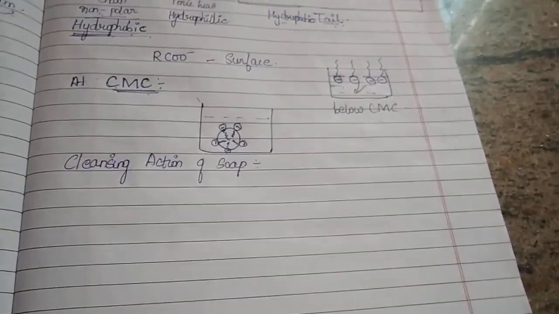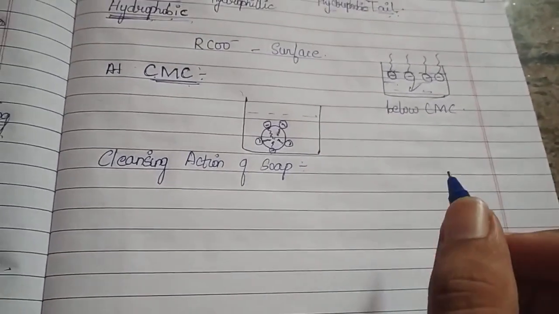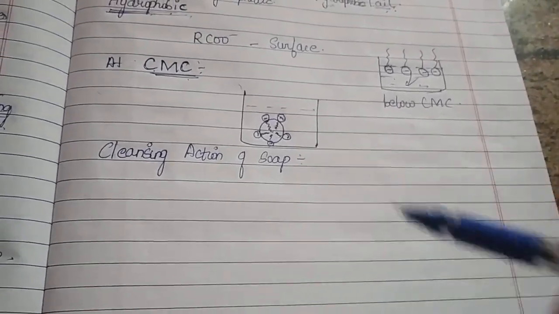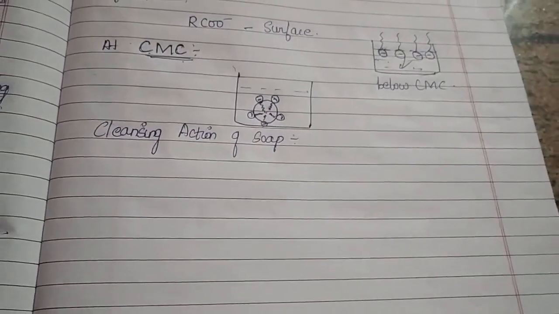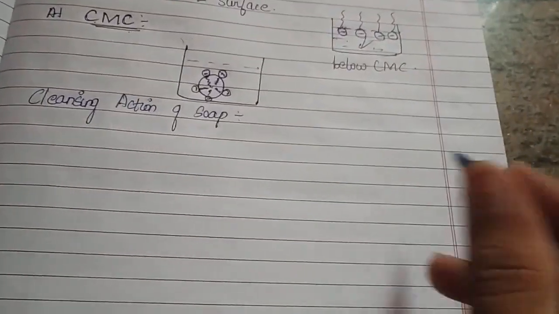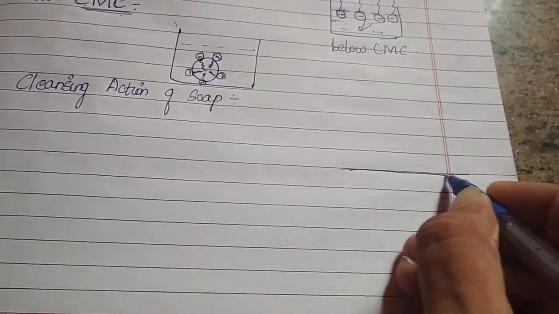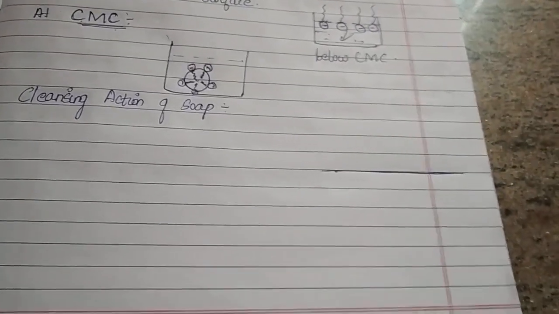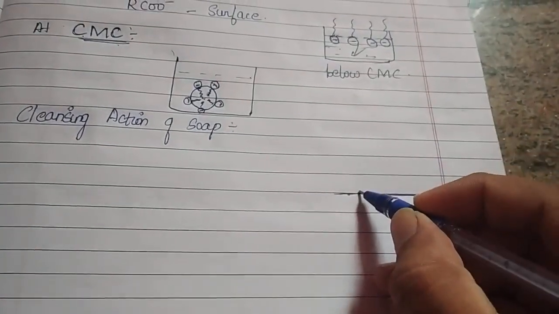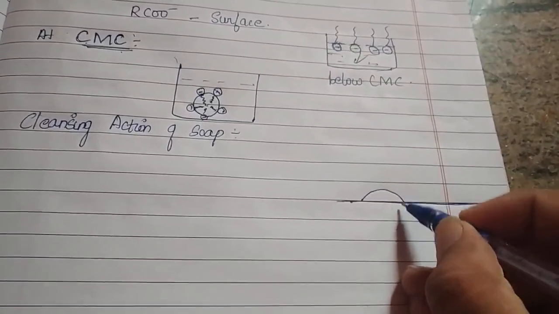But do remember, the soap molecules are going to form a micelle around the oil droplet. How are they going to form it? Let us see. I will consider this one as the surface of your cloth. We are seeing a microscopic view, just understand it in that way. On this surface, let us say this is your dirt part.